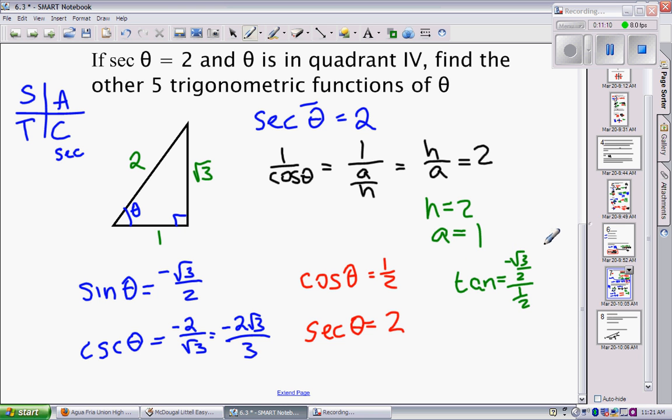It goes to negative root 3. And then the cotangent is the reciprocal of the tangent, so negative 1 over root 3, which is negative root 3 over 3.